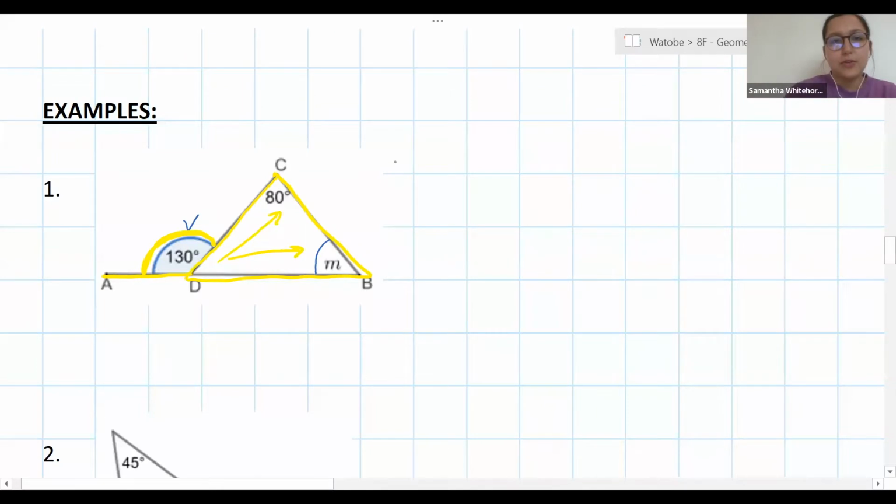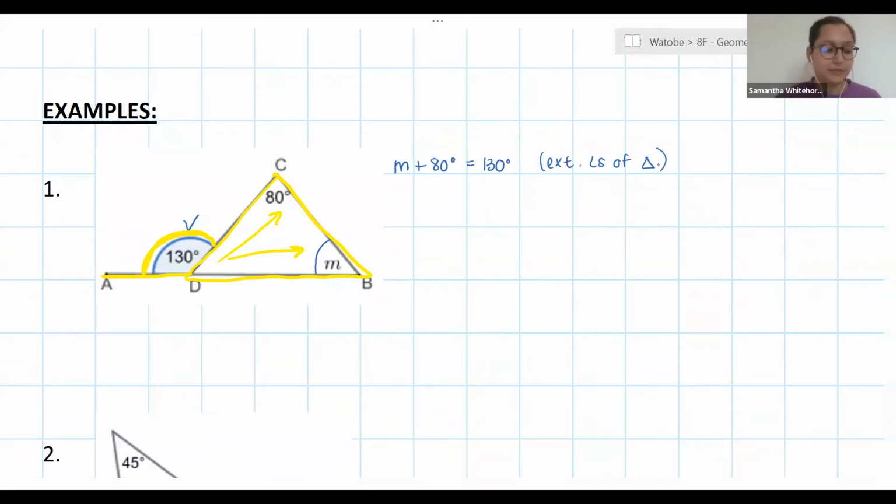So I know that M plus 80 degrees should be equal to 130 degrees because of exterior angles of a triangle. Now, guys, remember, we always have to give a reason when we're doing geometry. So anytime you make a statement, you have to give a reason. From there, I go and use my inverse operations to solve an equation.